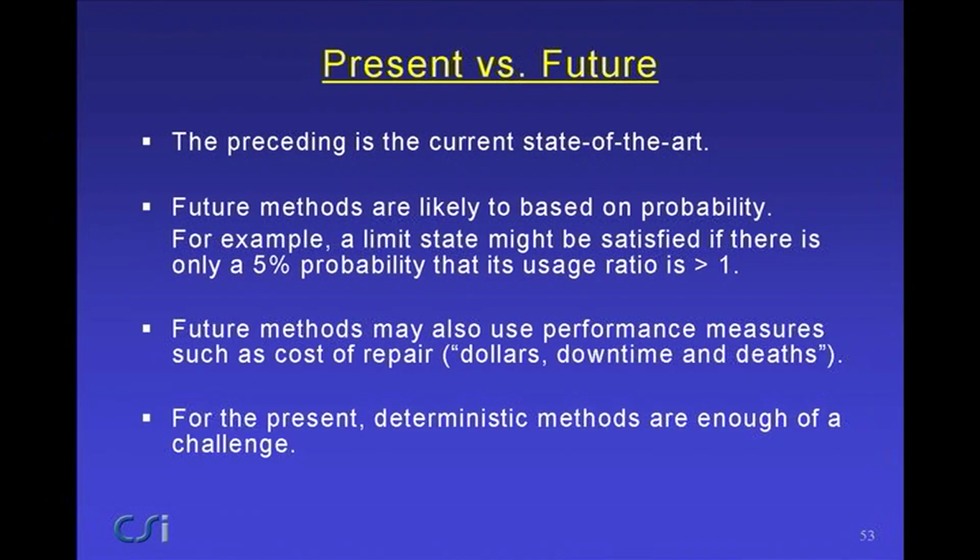However, future methods may do this, and may also use performance measures which are rather different from deformation like hinge rotations. The cost of repair, this is a dollars, downtime and deaths type thing. Could you make an estimate of what the repair cost will be? And then if you're using demand capacity, well, the capacity is how much can you afford, and the demand is how much will it cost.